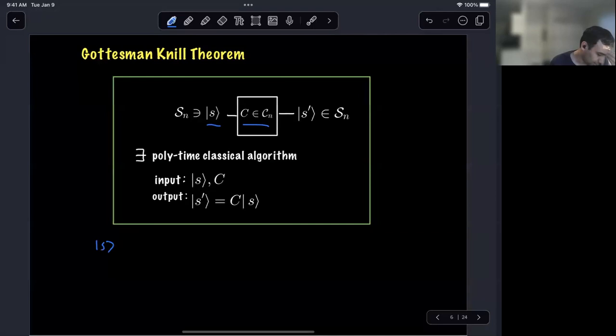If you look at the input, you can describe it by n Pauli operators that stabilize this state. And when you apply some Clifford operation, you can keep track of how these n operators are changing.